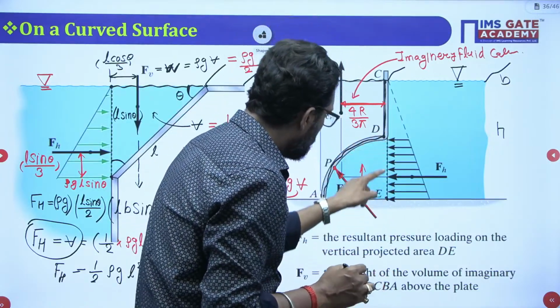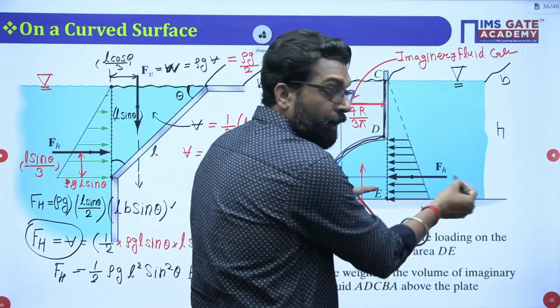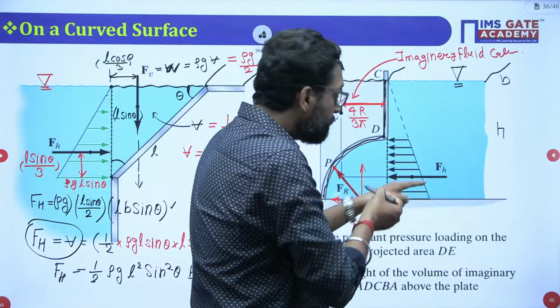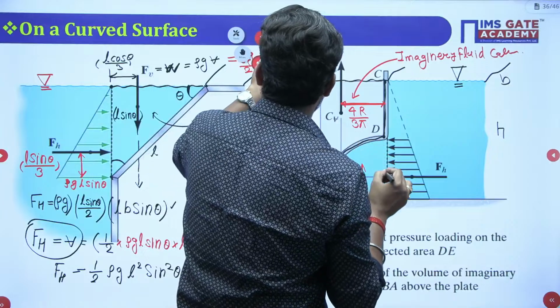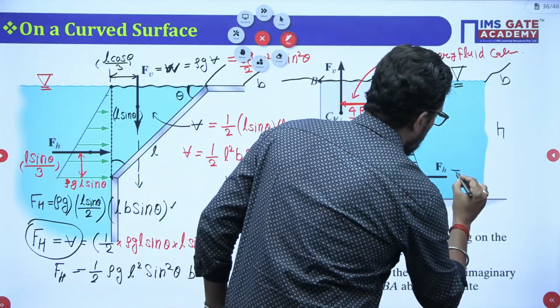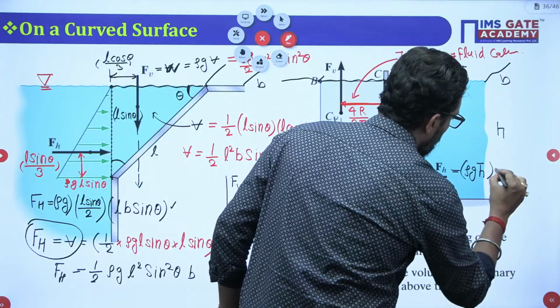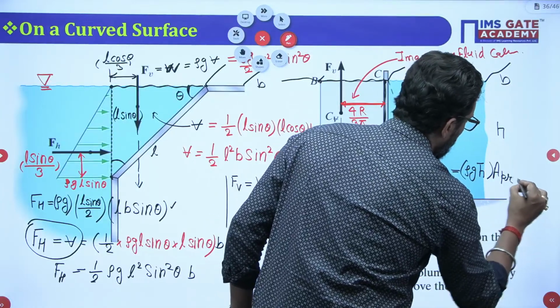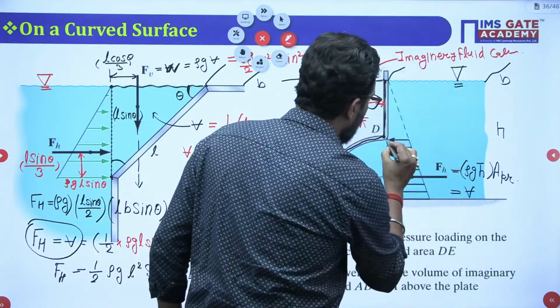On this vertical projection, the horizontal hydrostatic force will act. What is the value of this, beta? Rho g h bar into the projected area, or the volume of this trapezium.